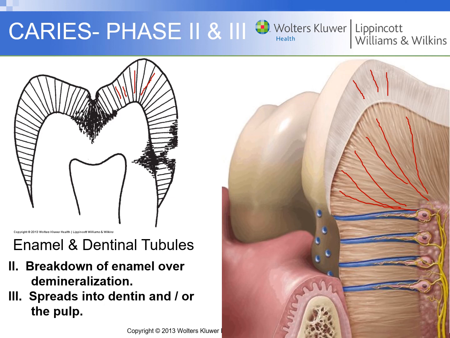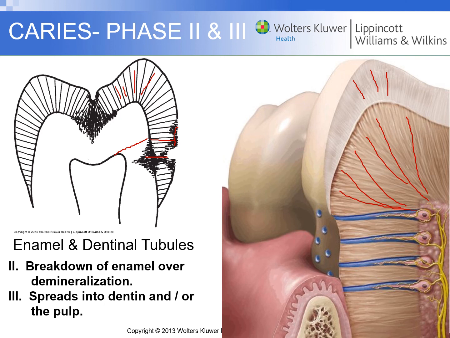So when there is decay on the outer surface, it can kind of very quickly go through these tubules to the dentin, which then can also pretty quickly go through. We're not talking a day, but I'm just saying that if it's not treated, it can travel down to the pulp, and then you've got an issue.